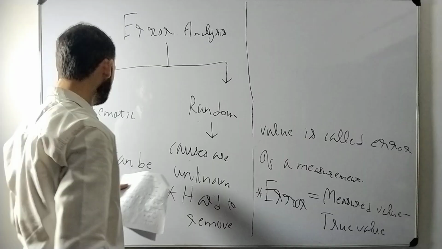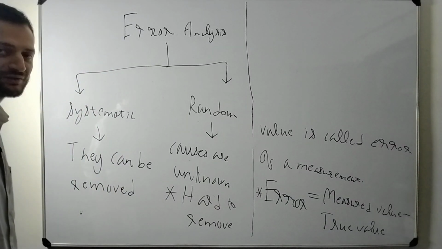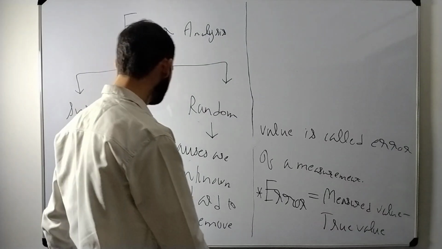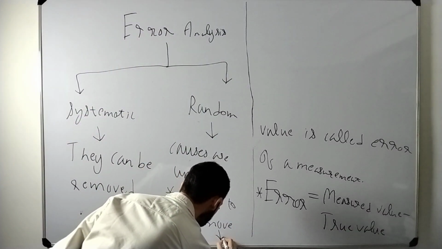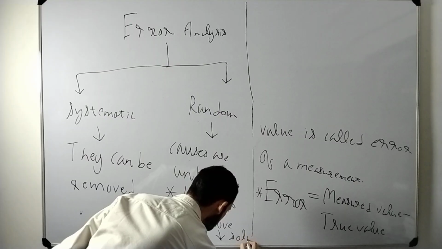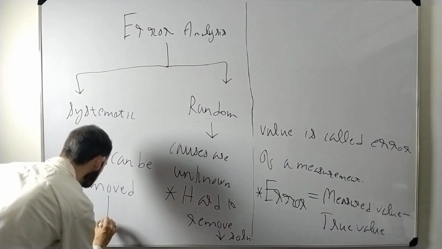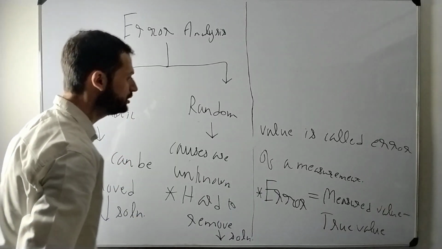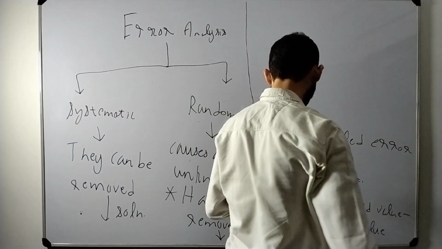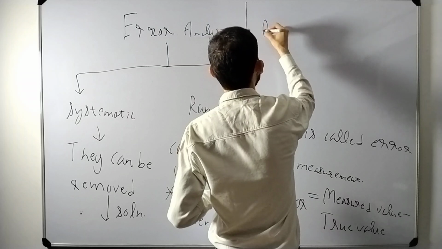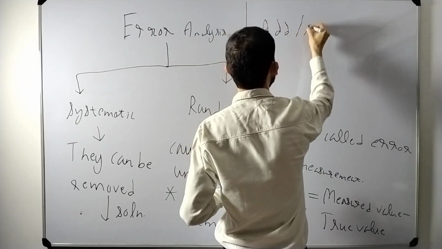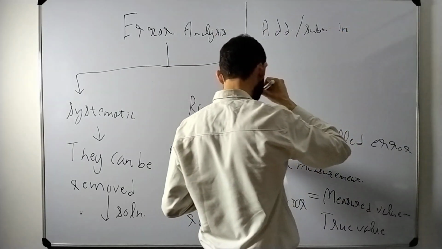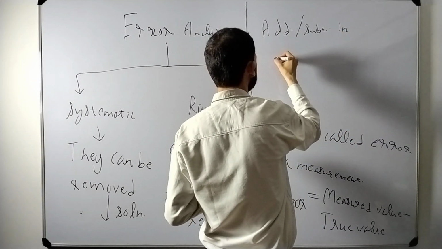So errors do not have a solution, you would ask. Of course they have a solution, students. Let's see the solution. Like I said, for systematic errors you add or subtract terms in the equation.